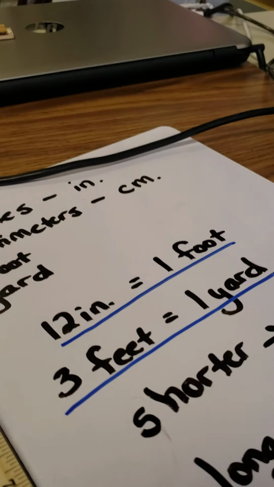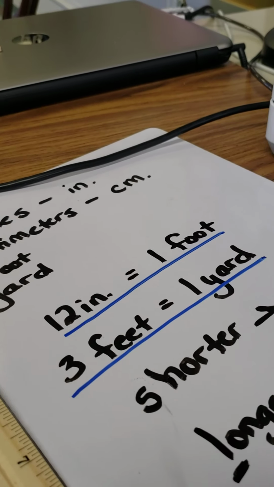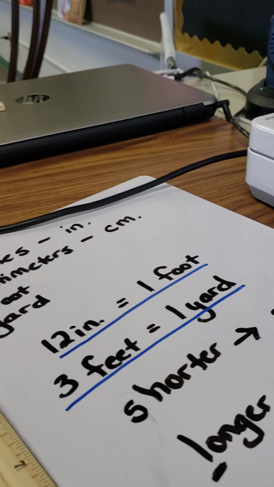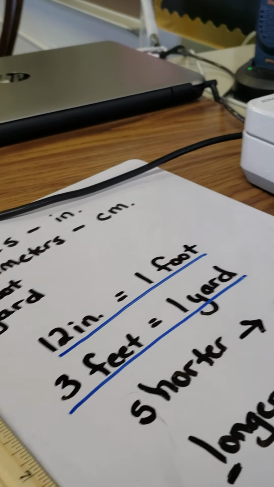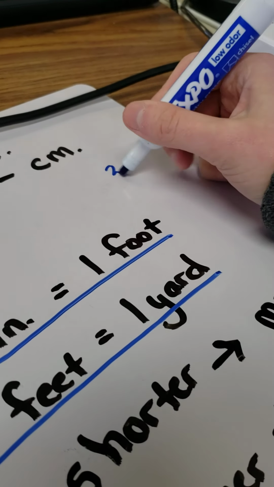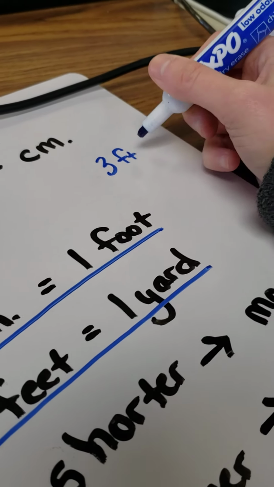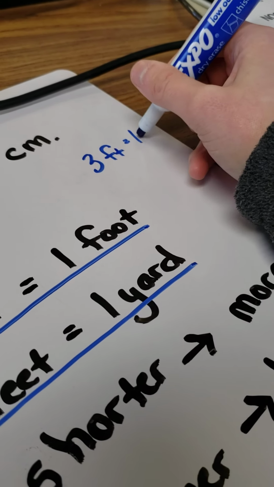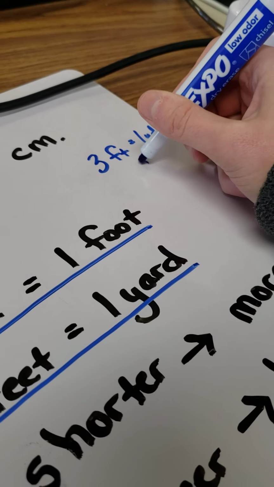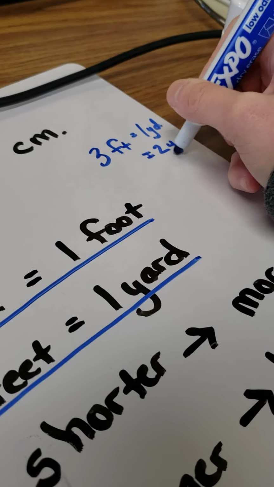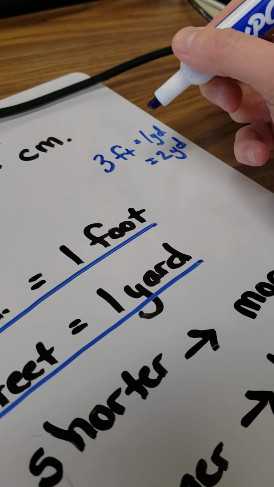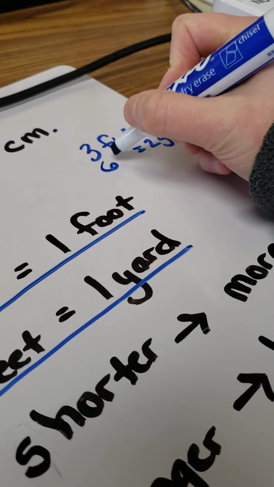So if I have 3 feet in 1 yard, how many am I going to have in 2 yards? So let's see. 3 feet, 1 yard. If I have 2 yards, that would be 3 plus 3. That would be 6 feet.